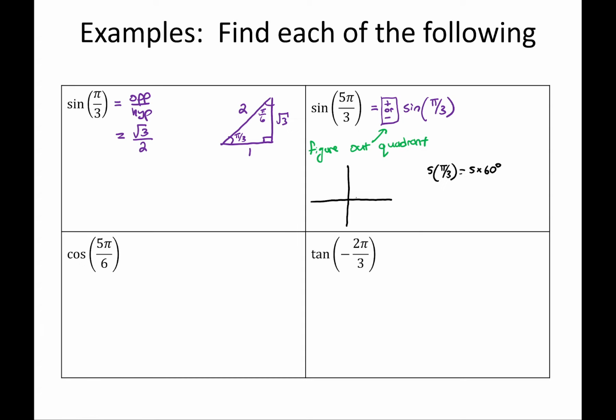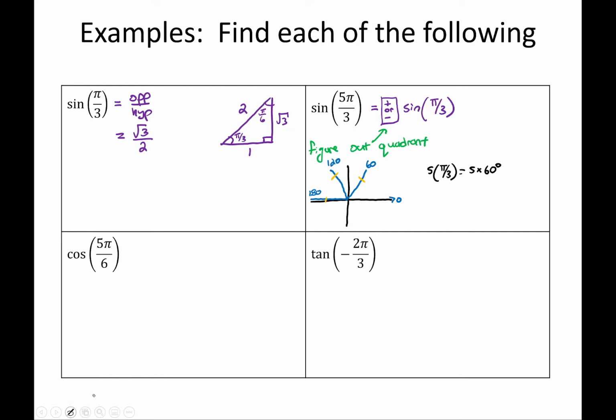So here's my first increment of 60 degrees. And then here's my next one, 120, 180. So that was 1, 2, 3.